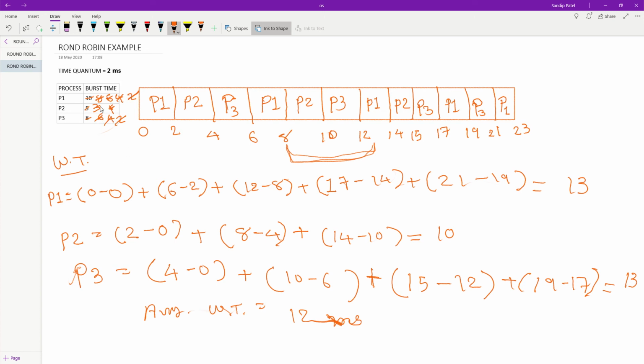If the arrival is given as 0 millisecond, only the processes available in the ready queue are given the chance. Depending on the arrival time, take each process one by one and, according to the time quantum, execute those processes. With this, I'm completing the round robin scheduling algorithm. Okay, thank you.